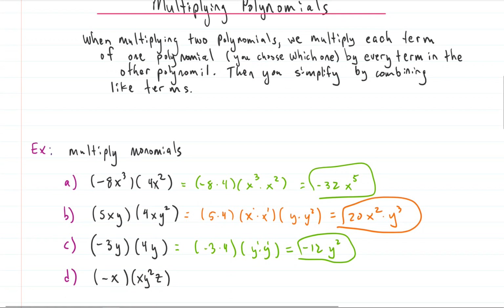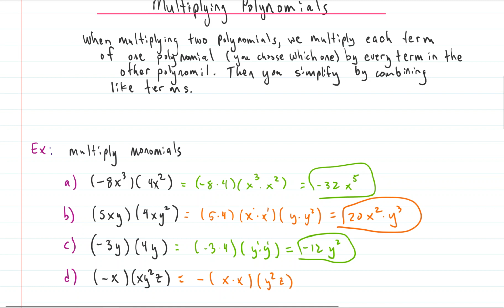And D, let's do D. Notice we have different variables in our terms. It's not a problem at all. We can handle this. We can get the x's together, so we'll have a negative out front, and then we have x times x. Everything else, we only have a y and a z in the second monomial, so we'll just carry those over, y squared z.